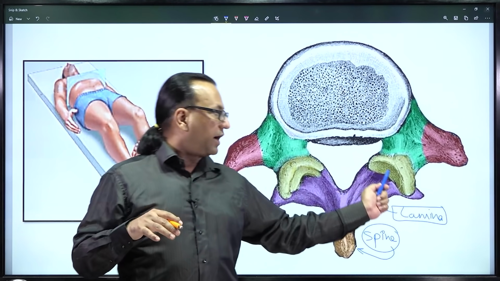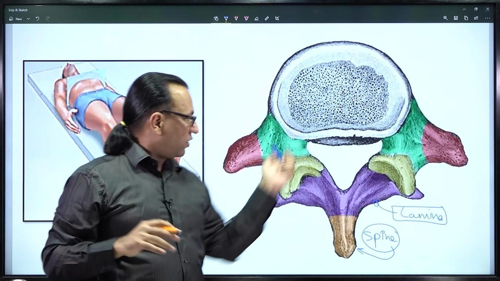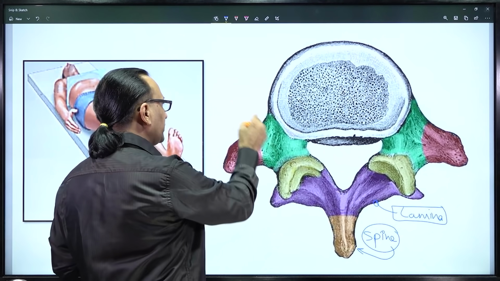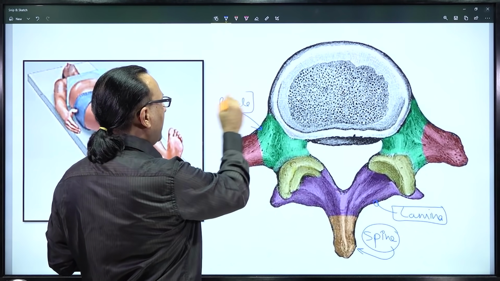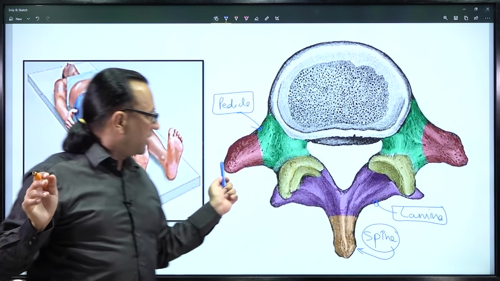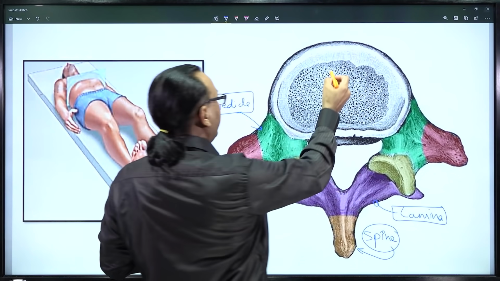So superior articular facet, so that it can articulate with the upper vertebra. Okay, and what is this structure here? That is the pedicle. We have to focus upon the pedicle as well. And what about this structure? Transverse process here on either side. And then anteriorly is the body of the vertebra.